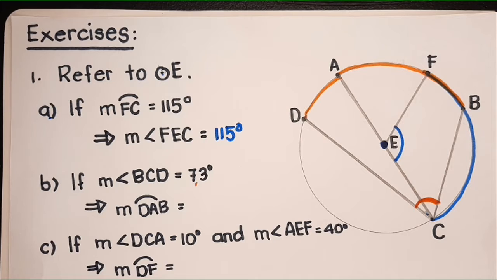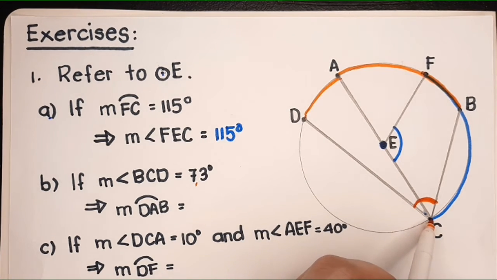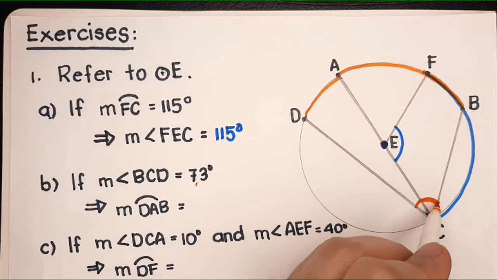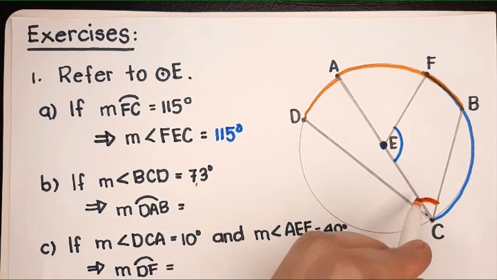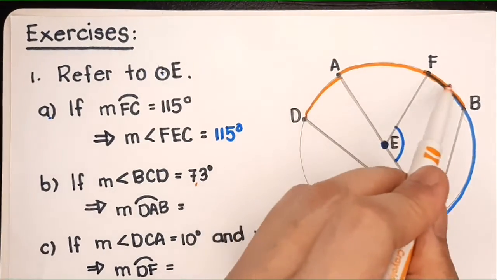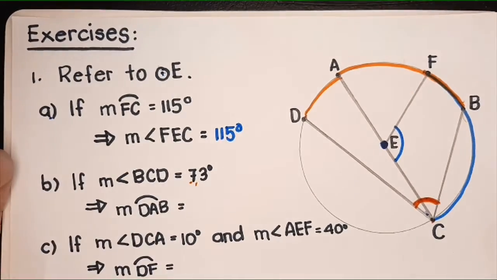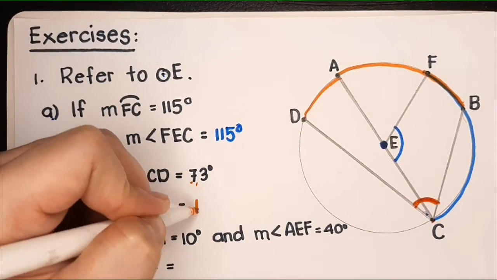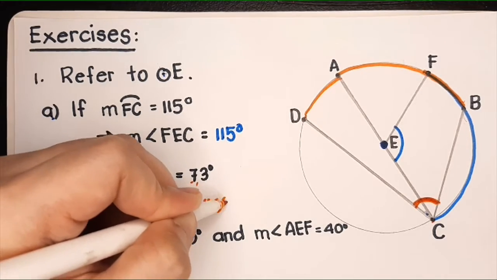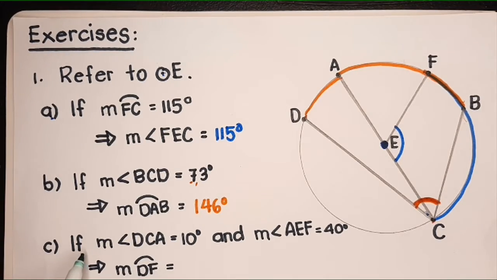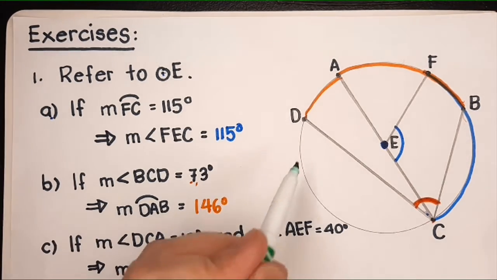So, if you notice, the arc DAB is an intercepted arc of an inscribed angle. Right? So, if you know that this measures 73 degrees, what is the measure of its intercepted arc? Times 2. Right? 73 degrees times 2. So, the answer is 146 degrees.